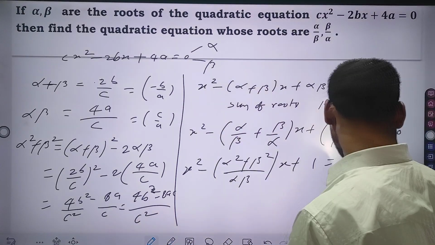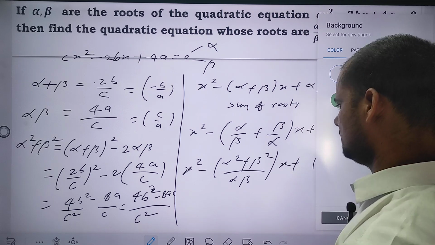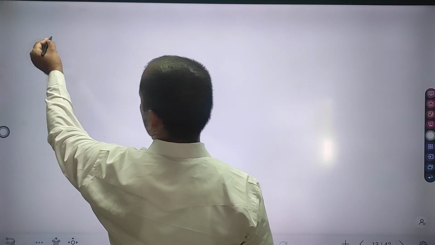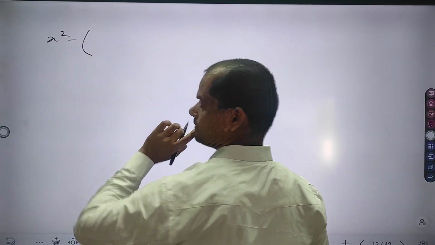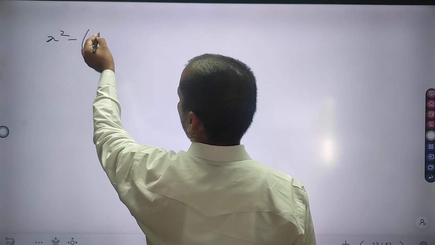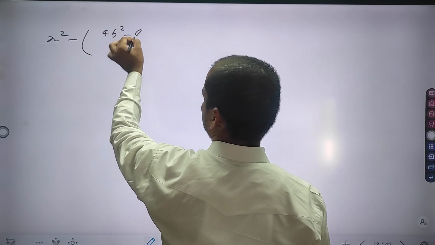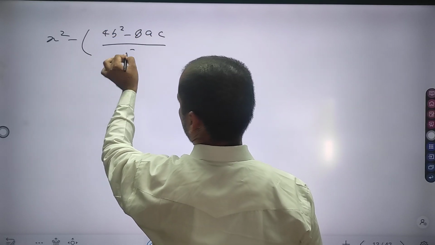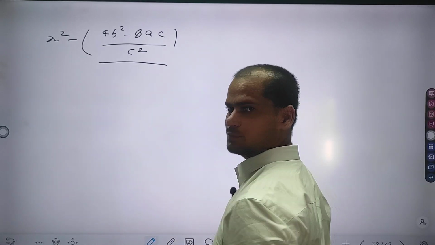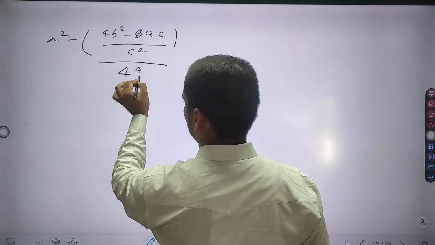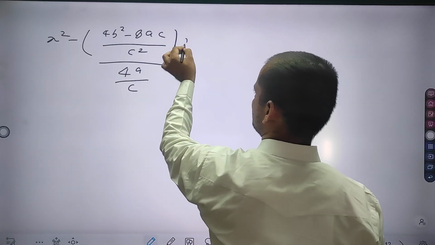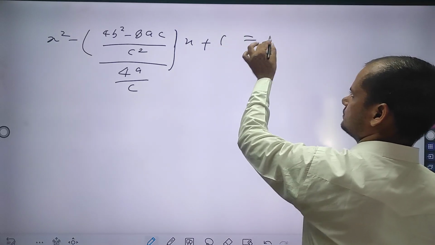Now we can put the value of alpha square plus beta square, then this will become x square minus (4b square minus 8ac upon c square) upon (alpha into beta is 4a upon c) and multiply by x, plus 1.